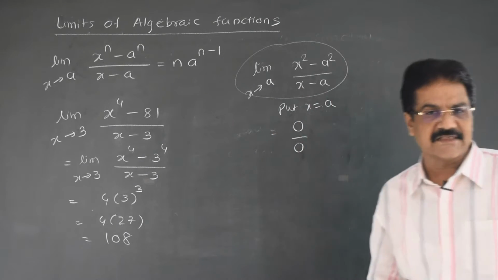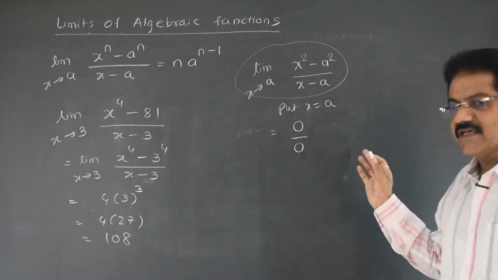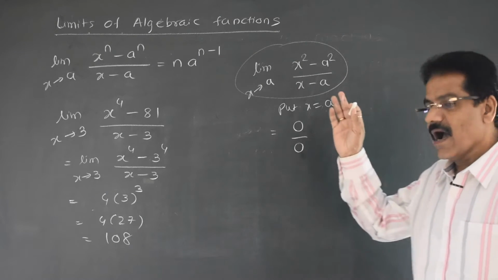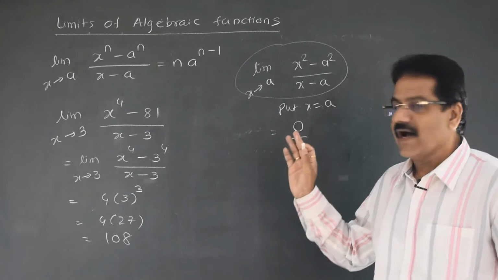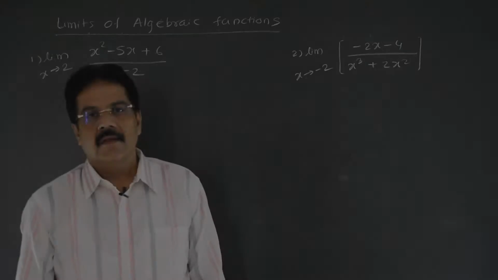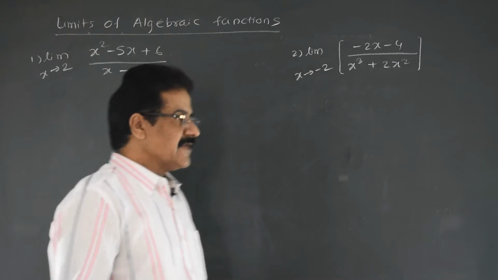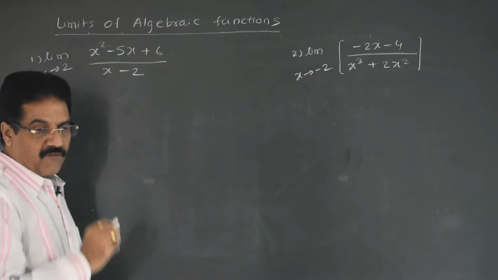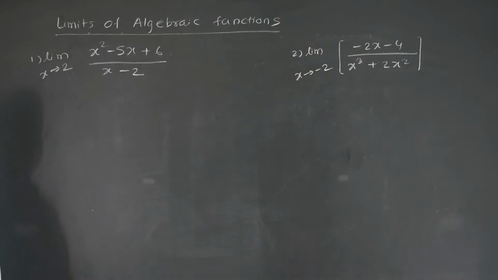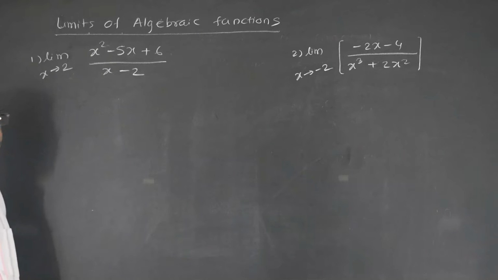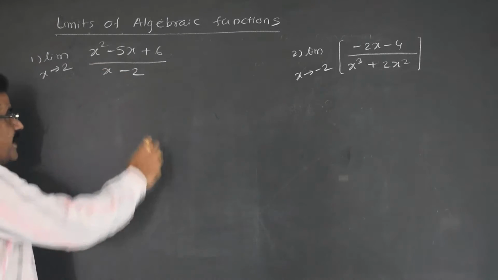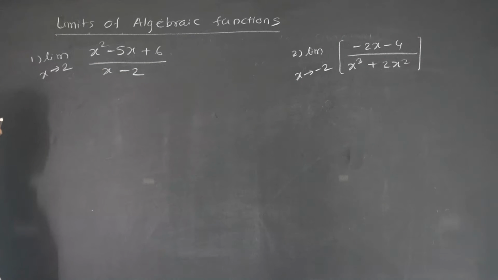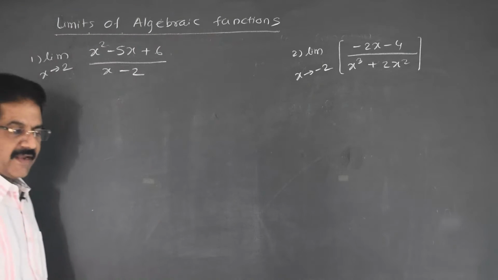Now we will take various examples to understand this indeterminate form as well as how to find limits of algebraic functions. Let us take two examples to understand the concept of the limiting value of a function. First example is the limit as x tends to 2 of (x square minus 5x plus 6) upon (x minus 2).